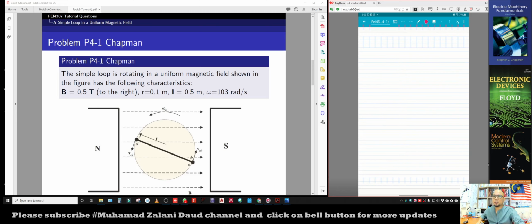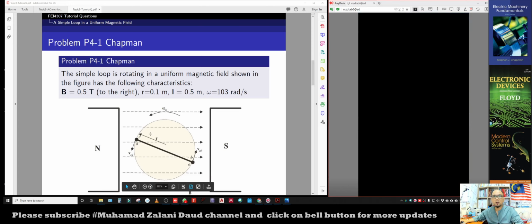So we have this particular wire loop, which is rotating in a uniform magnetic field shown in this figure. As you can see, this wire loop is rotating mechanically. Omega m is the mechanical rotation, counterclockwise, and we have this permanent magnet providing the uniform magnetic field from north to south.